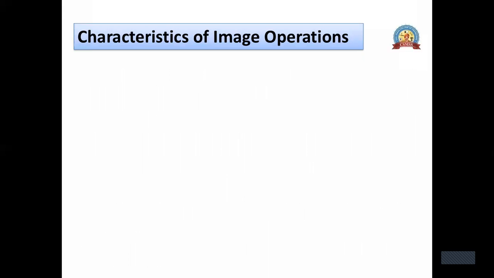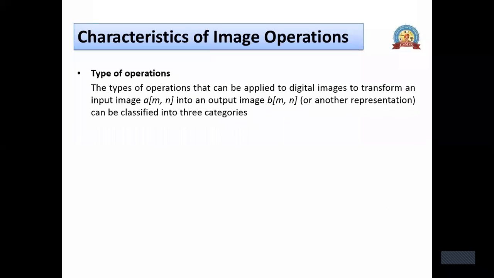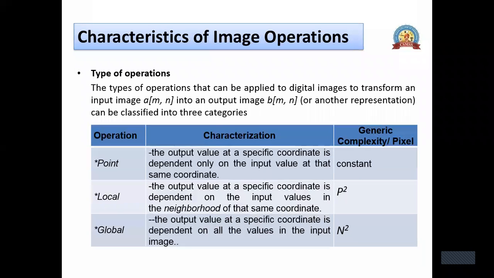Now let's look into the characteristics of image operations. Image operations can be of different types. The most common operations are derived from how they operate on the pixels, with the neighboring pixels. We can classify these operations into three types: the first is point operation, the second local operation, and the third global operation. The name is given based on the operation being performed.